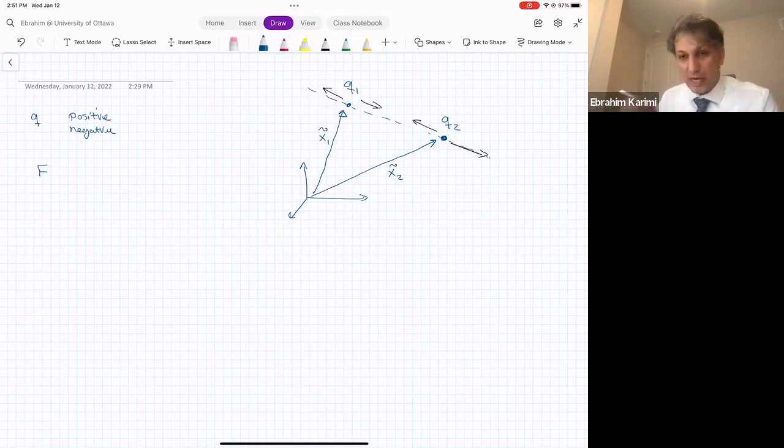Position in my notation is given by the x vector, and the tilde sign shows that this is a vector, okay? In some books, they show it with R1 and R2 vectors. It depends on that. And for the time being, we assume that it is electrostatic.